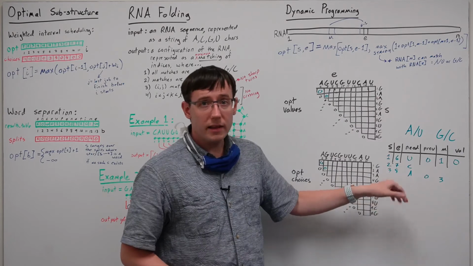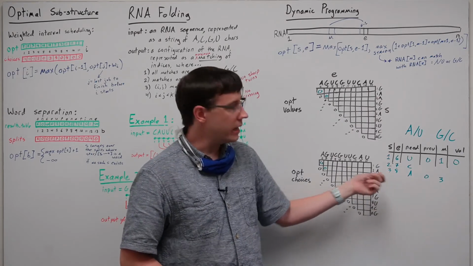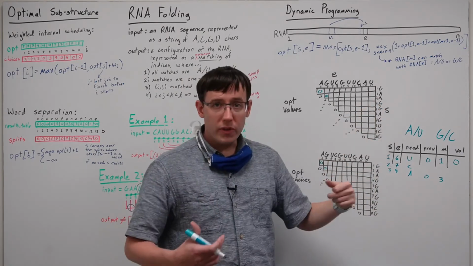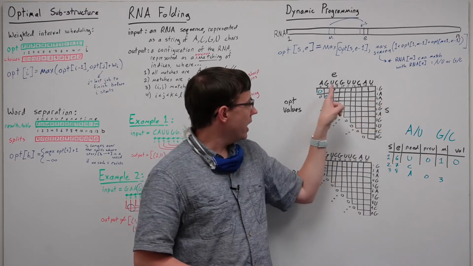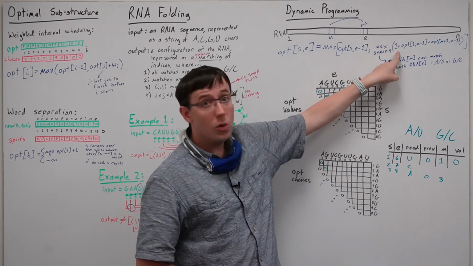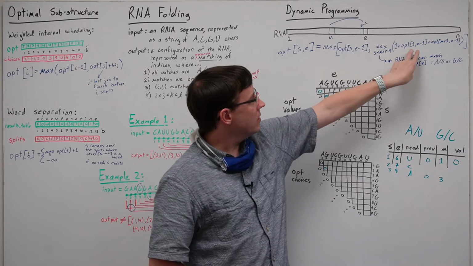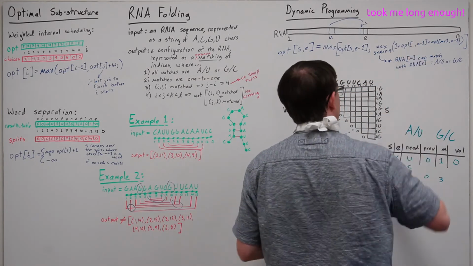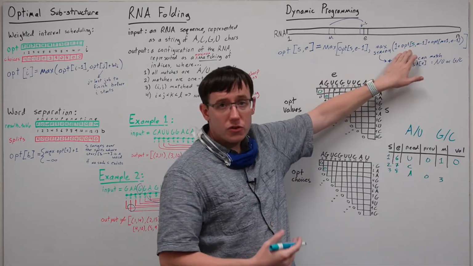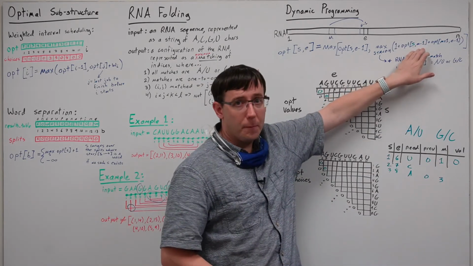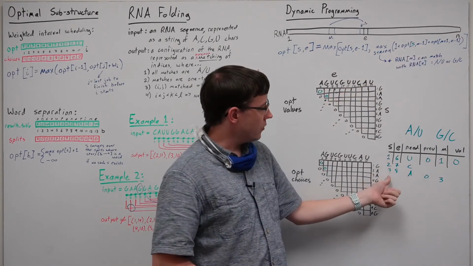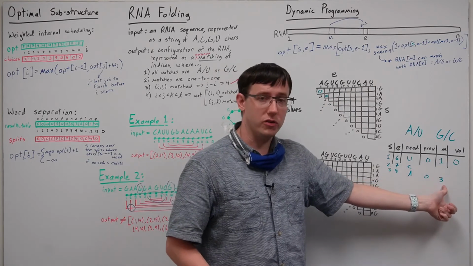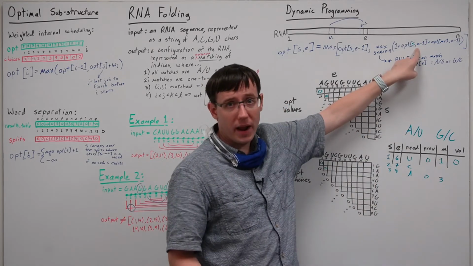The only valid value of M here is 3, but for that instance, since A matches U, we get 1 plus the optimal from the start up to m-1, and since our start was 3 and m-1 is 2, this contains no pairs.